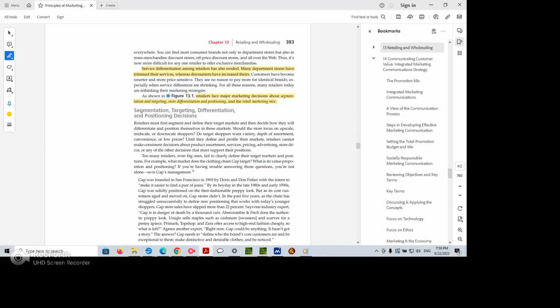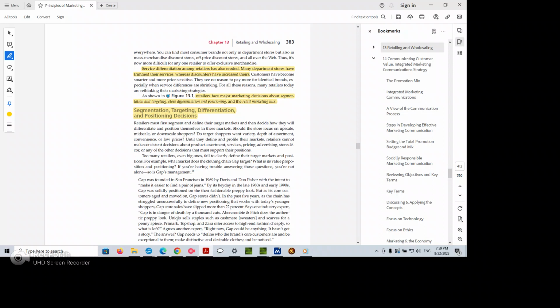Now, let's talk about what that is from a marketing standpoint. So let's talk about segmentation, targeting, differentiation, and positioning decisions. These are important things to understand.